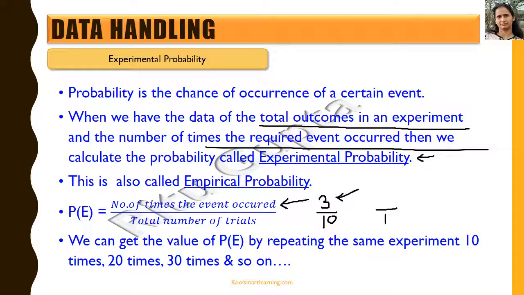But if they won the remaining 5 matches that they played, the total matches team A won becomes 8. So the empirical probability of team A winning the match against team B becomes 8 by 15. This probability is purely based on the outcomes of the actual event happening.